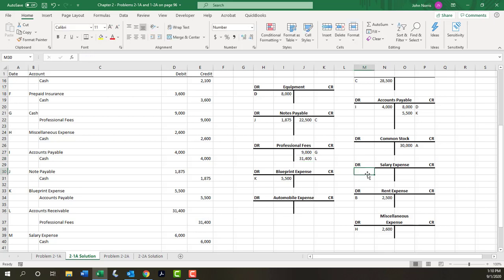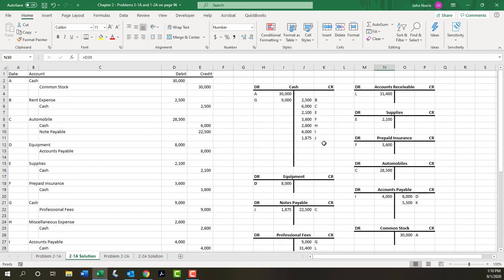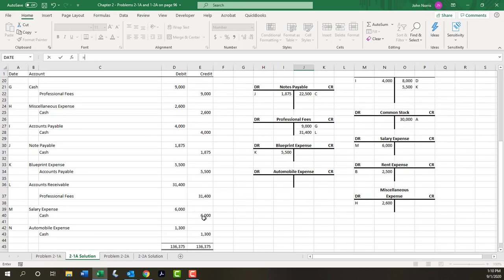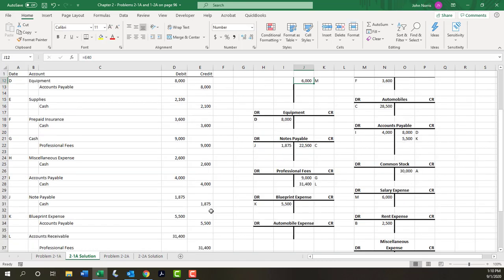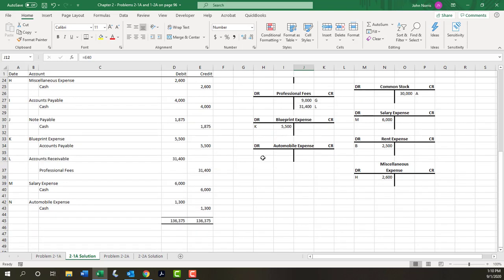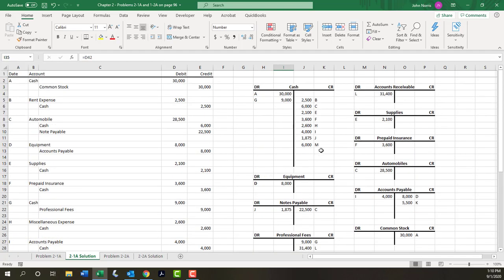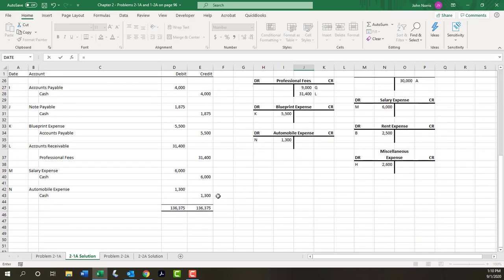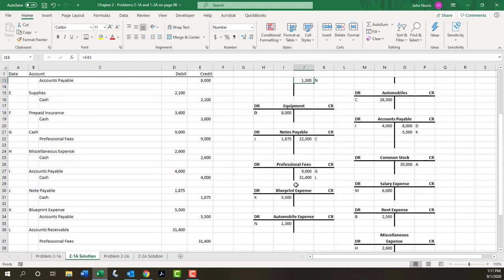Salaries expense is M, and that is a cash payment for salaries. And lastly, automobile expense is N, and that is also cash. So you'll notice that in each and every instance, I started with the debit. I posted the debit first, and then I posted the credit.